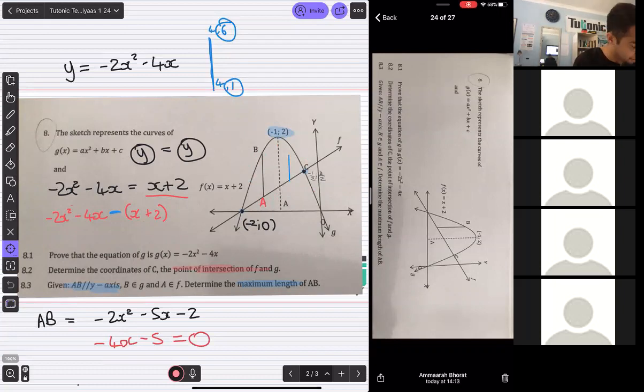They're telling us that this is a vertical line because it's parallel to the y-axis. So if I want to work out the distance between A and B, I just have to take the y value of B and the y value of A and subtract them.